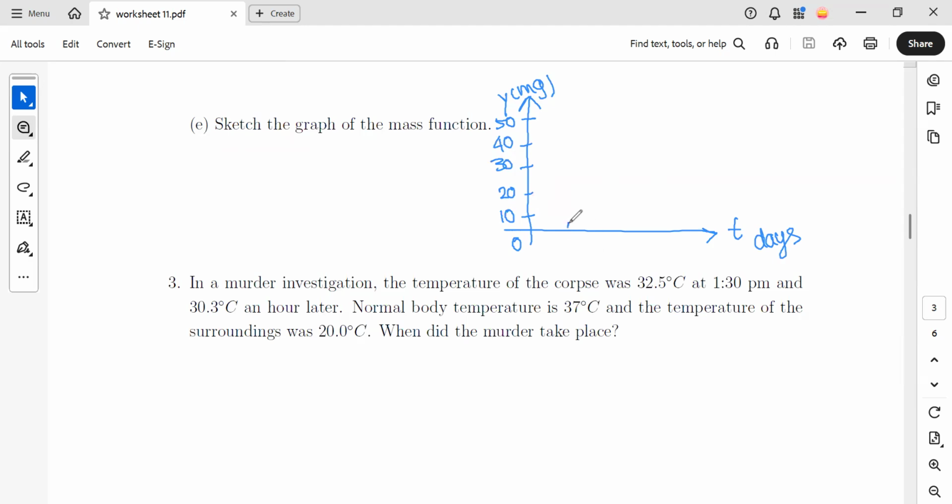And for this part, we can set 50, 100, and 150. The initial value was 50, so we'll start here, and after about 130 days, it will be 2 milligrams. So approximately the decay will be like this graph here.